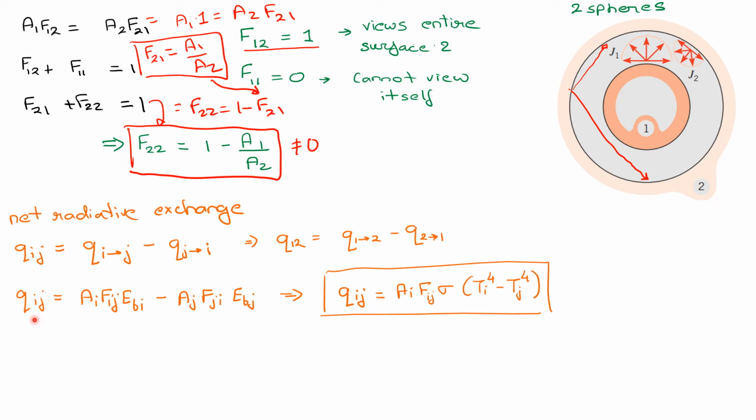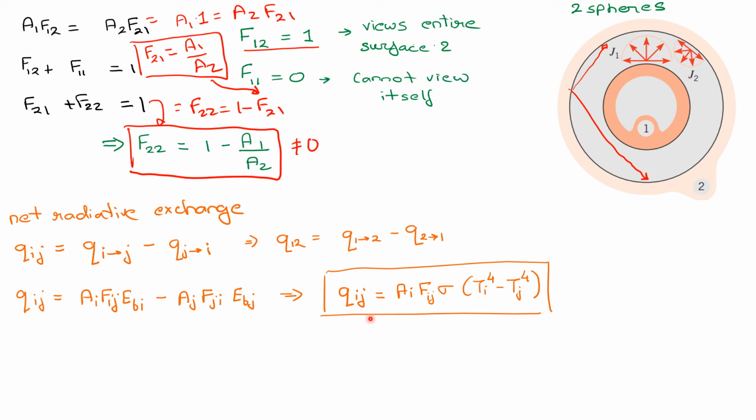So this can be written as Q of ij equals AI into F of ij into your emissive power, or your emission from body I, minus Aj into F of ji into the emission or radiation emitted by body j.